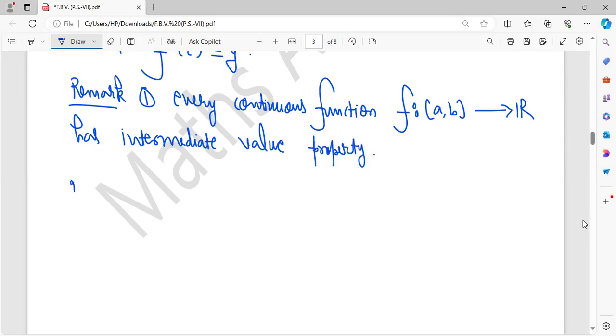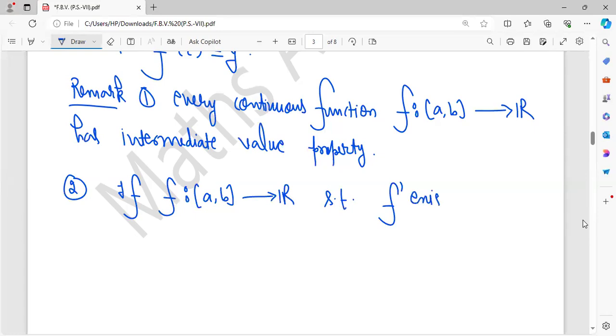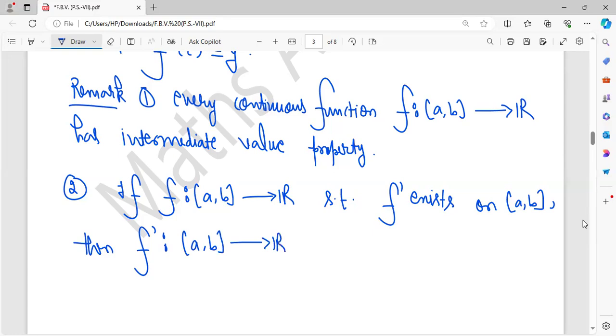Second remark is that if f is a function on closed interval [a, b] such that f' exists on [a, b], then f', the derivative function from [a, b] to R, has intermediate value property.